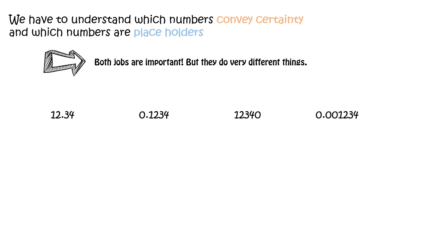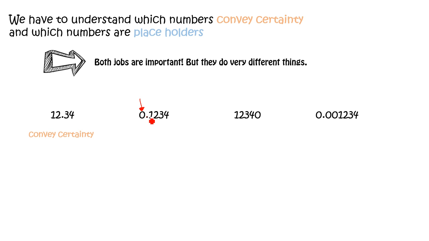If I look at the number 12.34, all of those numbers are conveying certainty. Each of those digits is telling me it's exactly 12.34. It's just like the scale that we just saw. Each of those numbers is telling me about certainty. If I look at 0.134, that 0 is just a convention that we do to tell us that the decimal is coming.